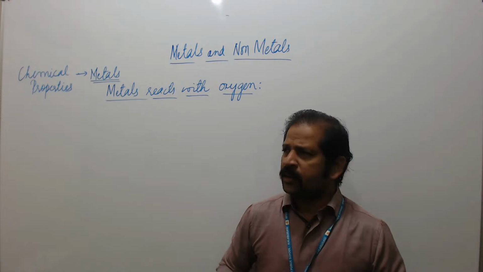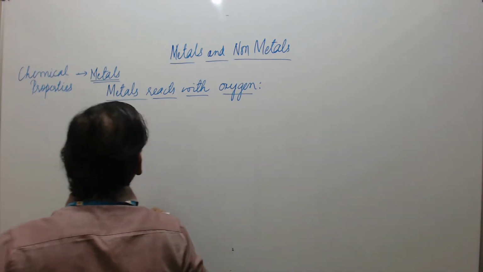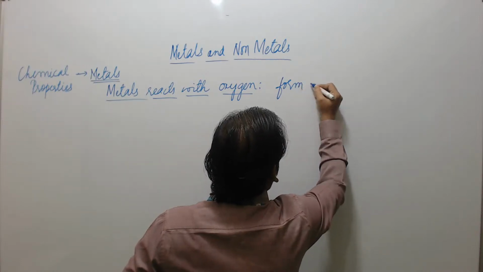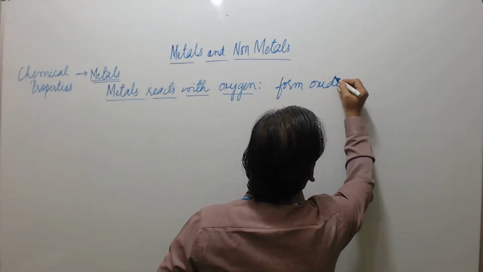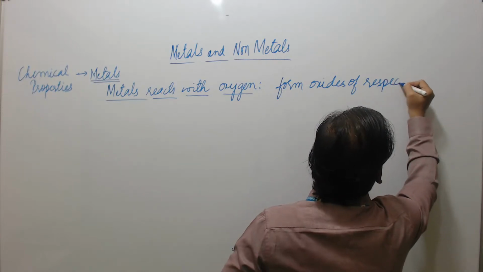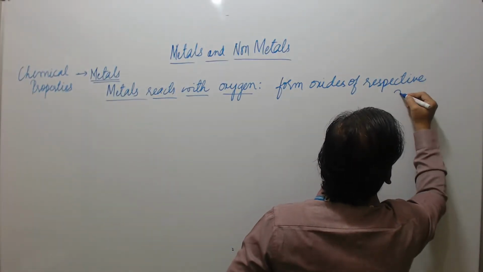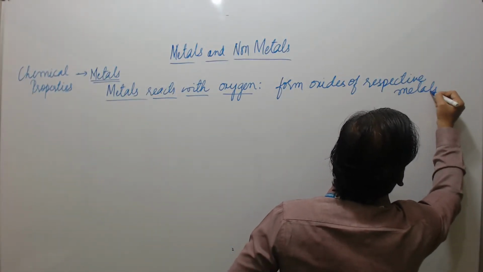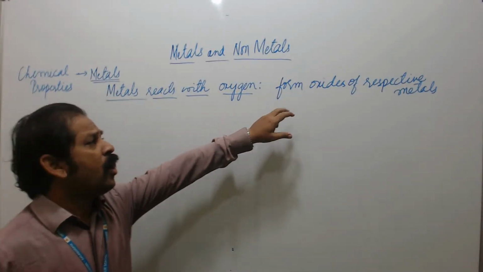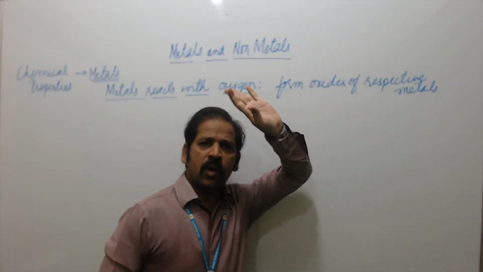For example, when metals react with oxygen, they form oxides of those respective metals.